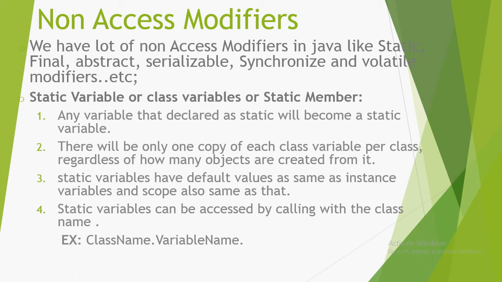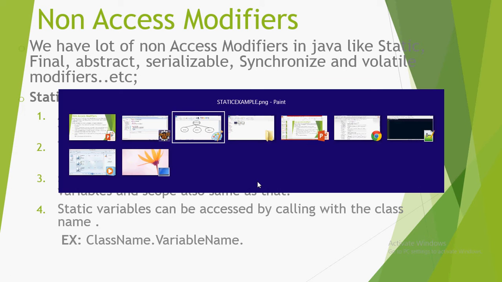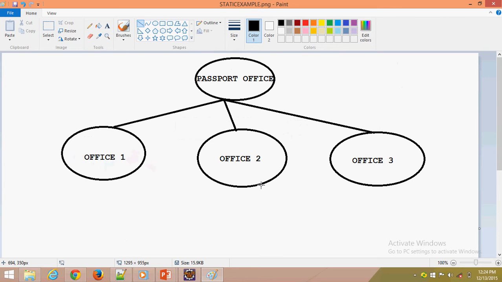To understand the property of static, we will go with one real-time example. Take the example of a passport office. There is one headquarters office in New Delhi, and some small offices in locations like Mumbai, Kolkata, Chennai. Suppose one person went to the Chennai location and applied for a passport, and got the passport back.